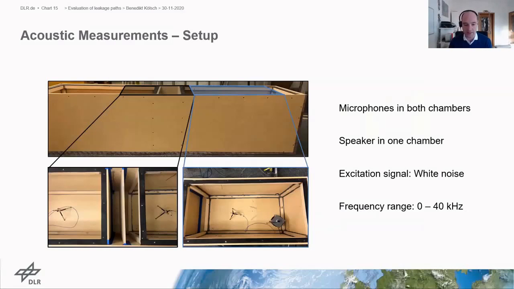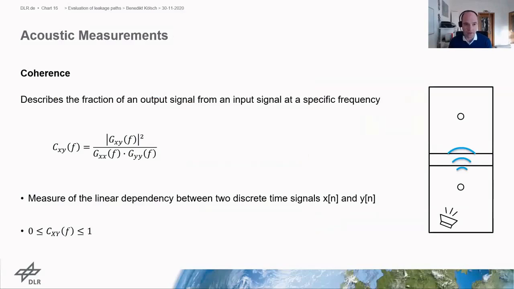The parameter we evaluated here is the so-called coherence, which is a description of the fraction of an output signal from an input signal at a specific frequency, and it measures the linear dependency between two discrete time signals. We have a time signal in one chamber in the sending room and in the receiving room at the other side.